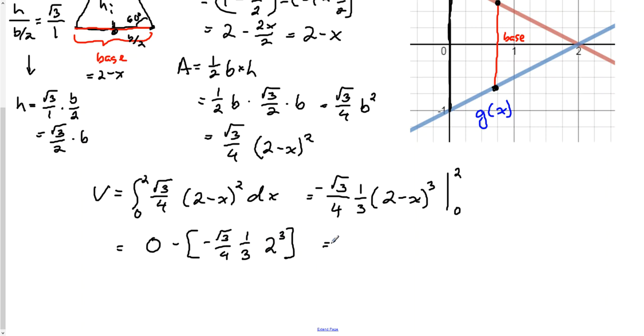Those negative signs are going to cancel out, and we're going to get root 3 over 4, times 1/3, times 8. I can cancel the 8 and the 4 and get a 2. So it looks like our volume here is going to be 2 root 3 over 3. And we're done.